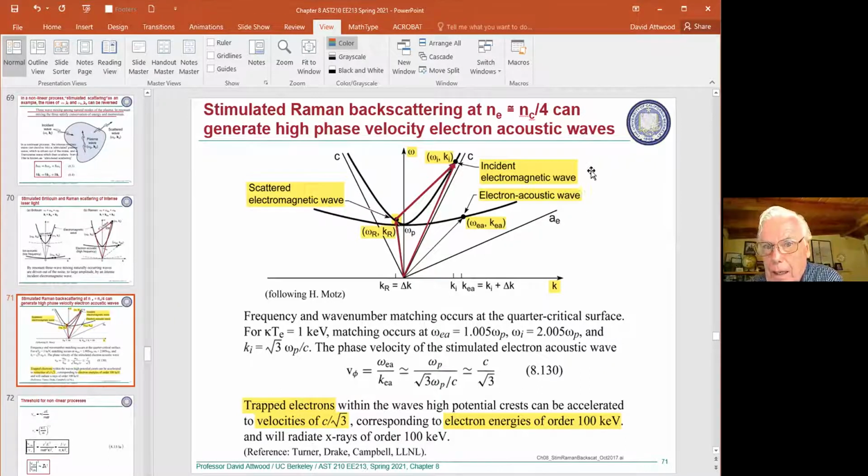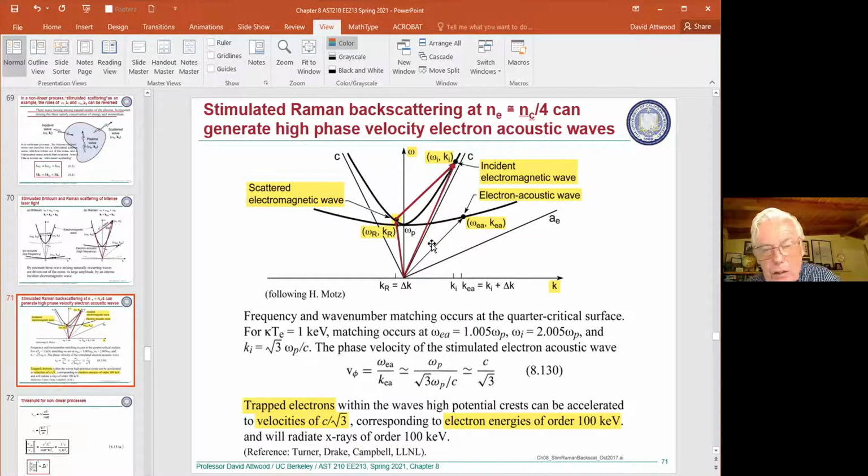Okay, so here are the relationships again, and this is in the book, so we don't really want to spend too much time going over this, but I just wanted to show you some of the numbers that come out of this analysis. It's a relatively simple analysis if you're into plasmas, but I assumed an electron temperature of 1 keV and an electron density of critical over 4.